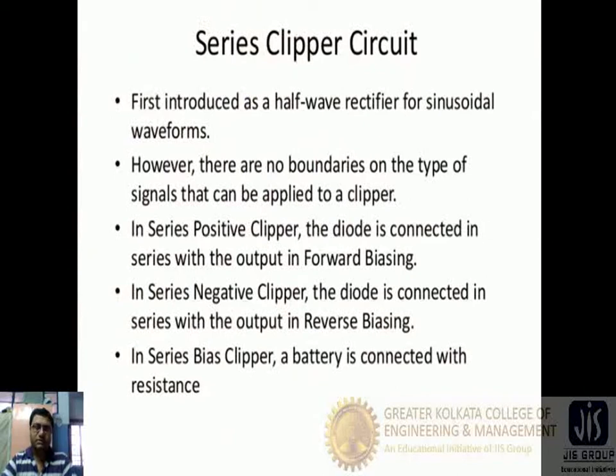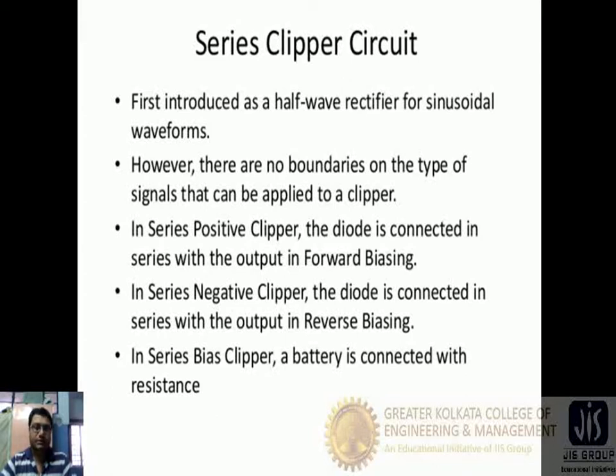First comes the series clipper circuit, first introduced as a half wave rectifier for sinusoidal waveforms. However, there are no boundaries on the type of signals that can be applied to the clipper.